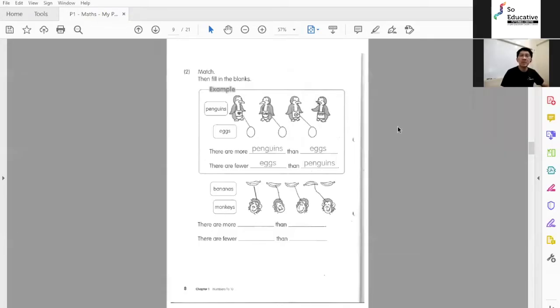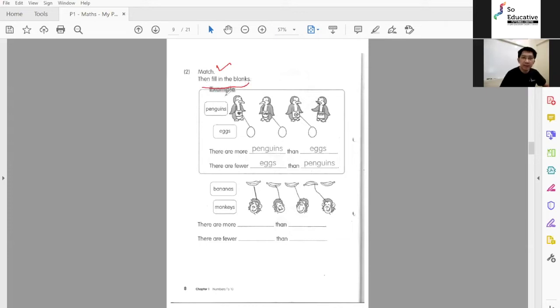So that was number 1. Let's take a look at question 2 now. This is question 2. As usual, we should start by reading the question carefully. The question is asking us to match, then fill in the blanks.